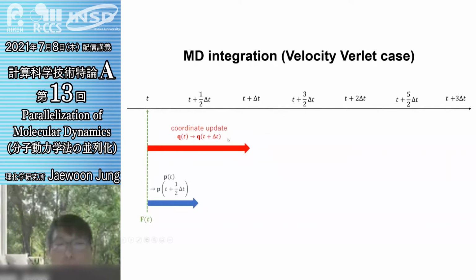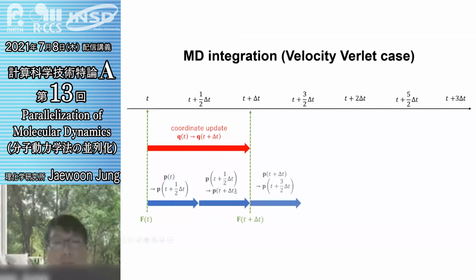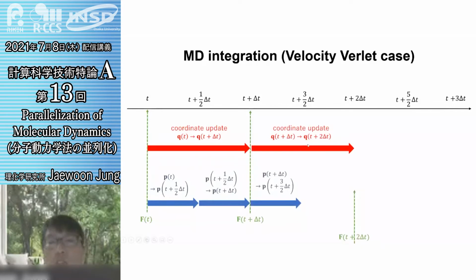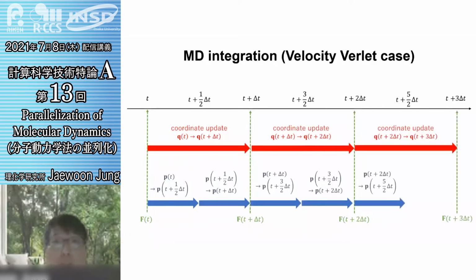With the new coordinates, we calculate the force at t plus delta t. Using this force, we update the momentum from t plus half delta t to t plus delta t. And again, using this momentum, we update the coordinates, and from the updated coordinates, we evaluate the force again. We repeat this procedure over and over again. This is the basic scheme of MD integration.